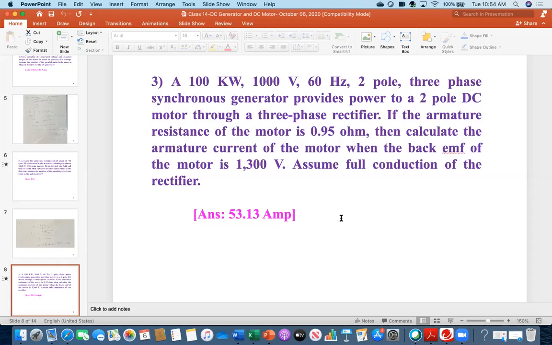You might get at least 7-8 questions from this energy conversion course on the FE exam. Are you all trying? Are you all getting it?